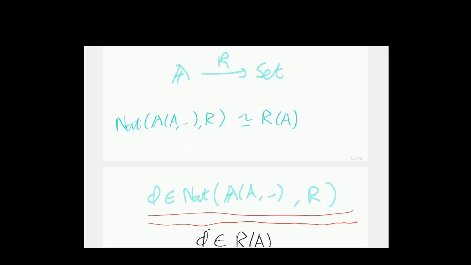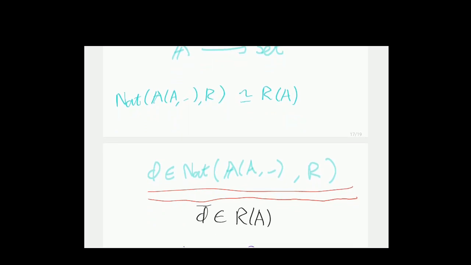So if we pick an object capital A, then the natural transformations from the Hom functor to R are in one-to-one correspondence with the elements of R of A. And this one-to-one correspondence is natural in both capital A and capital R. That's the Yoneda lemma.